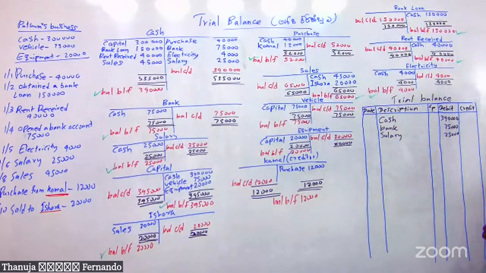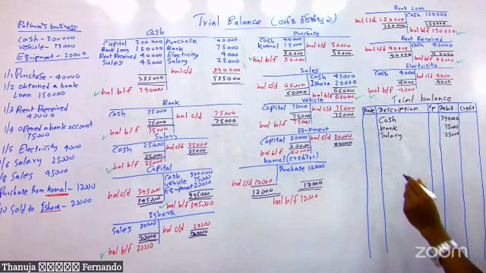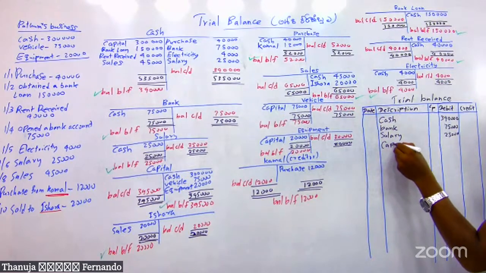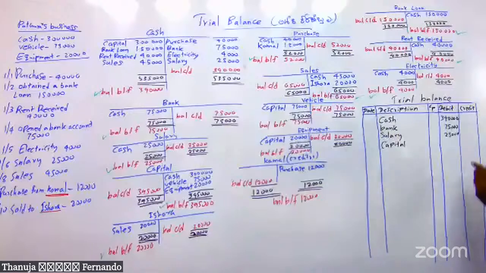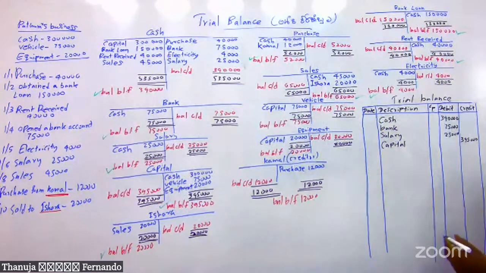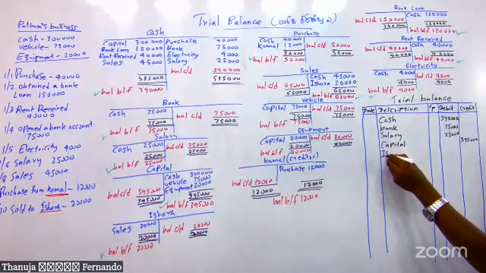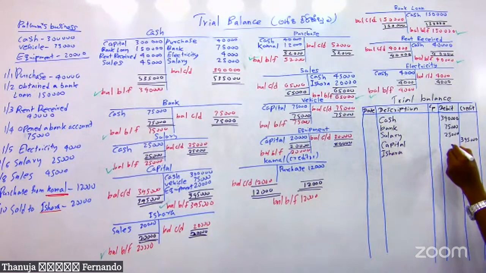The same side. Capital account credit 395,000. I think you can see the board, right? Yes. Okay. And next, Ishara debit side 20,000.